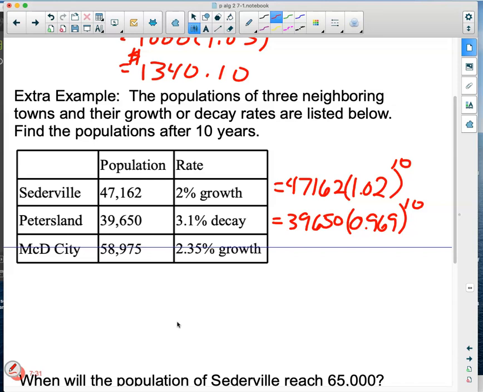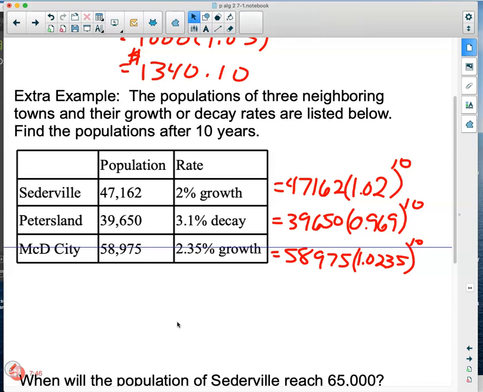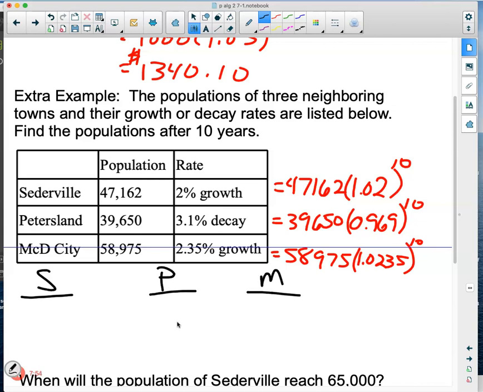And then we have McD City, which is experiencing some growth, so we'll use the formula with a plus, 58,975, 1.0235 to the 10th. So let's see, I'll put S for Cedarville, P for Peters Land, and M for McD City.